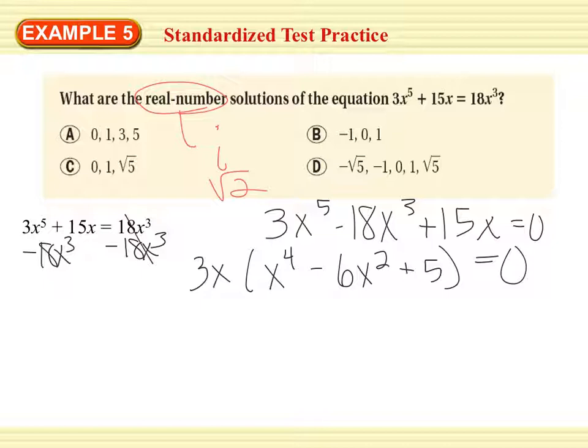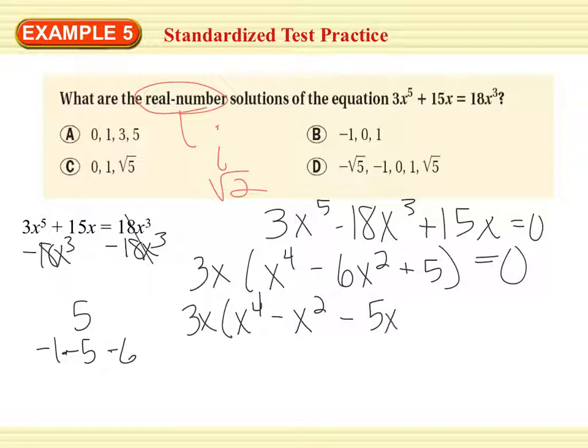So a times c is 5. I need two numbers that multiply to positive 5 and add to negative 6. I think negative 1 times negative 5 is right. So x to the fourth minus x squared minus 5x squared plus 5. Factor by grouping. I get 3x.